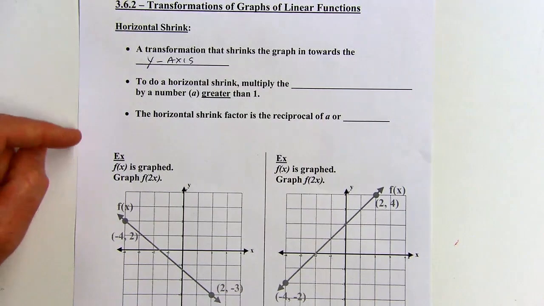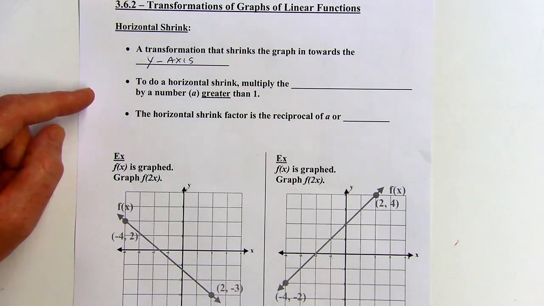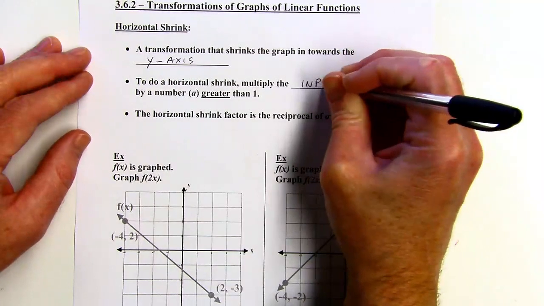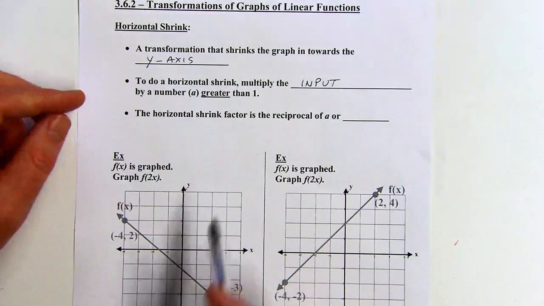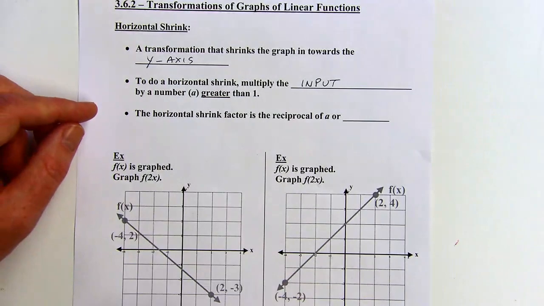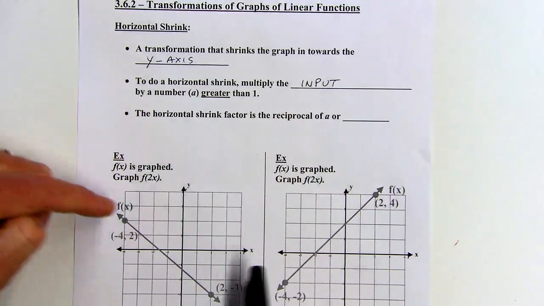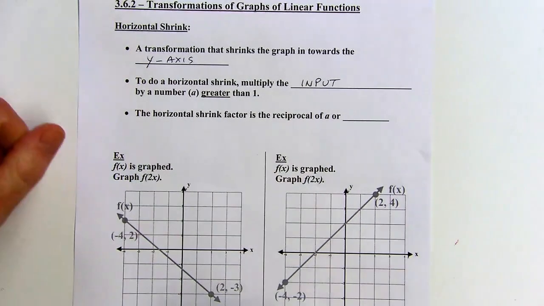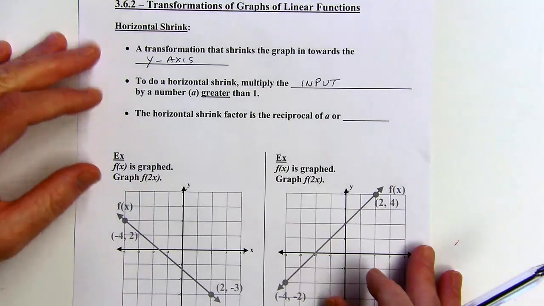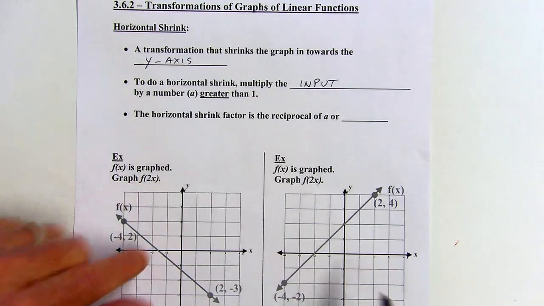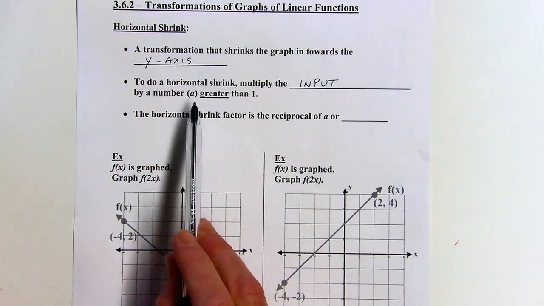But to do a horizontal shrink, you multiply the input by a number, and that number has to be greater than 1. If you use a number that's less than 1, it's actually going to be a horizontal stretch, which we'll get to on the next page. A horizontal shrink is when you have a number greater than 1. We call that number a often.